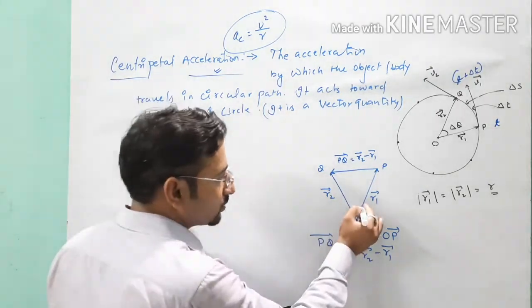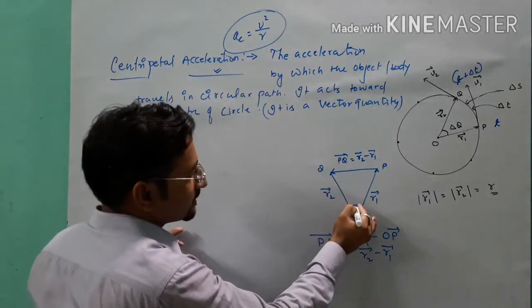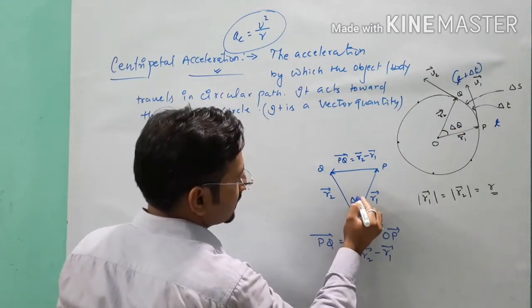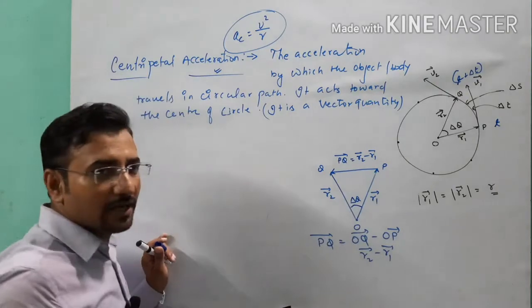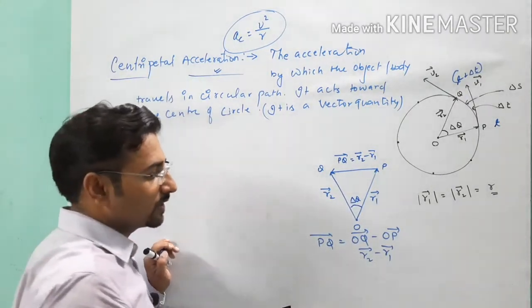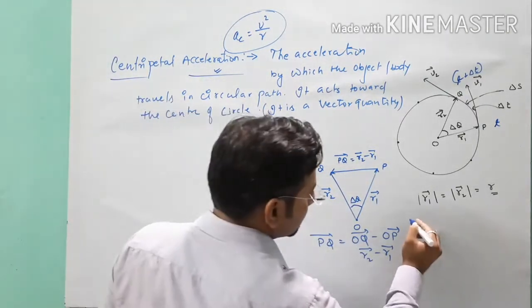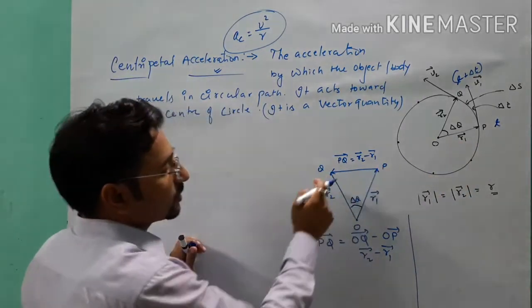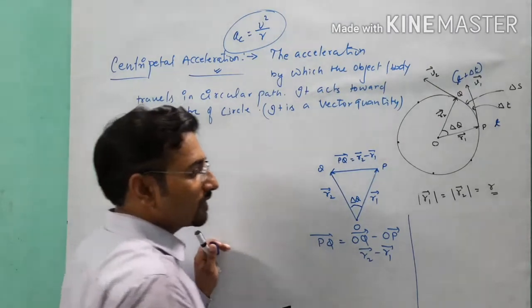We have two methods to calculate the centripetal acceleration. One is this, and this is the angular displacement, which is delta theta for this linear displacement. Point clear? And after that we will draw the same type of diagram for the location P and Q for velocities.